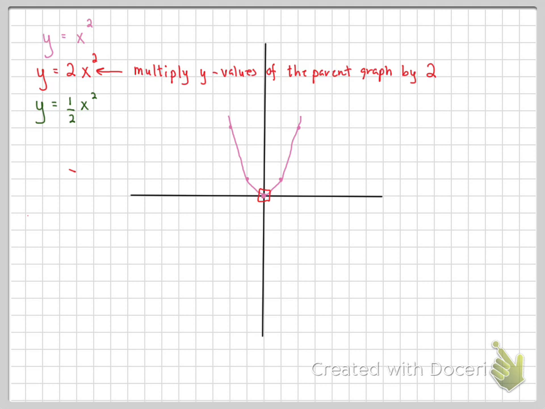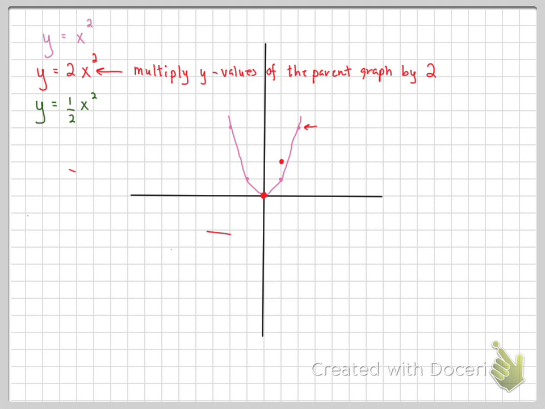The y value is 0. If you multiply that y value of 0 by 2, you still get a 0. Okay, now here's the next y value. That is a y value of 1. Okay, when you multiply that y value of 1 times 2, the x value is the same, but the y value is now 2.